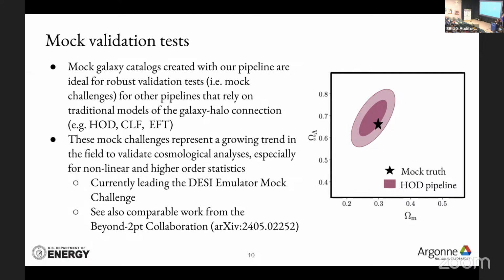And I think these mock challenges represent a really important growing trend in the field for validating the robustness of cosmological analyses as we push toward higher order statistics or nonlinear regime clustering. I am currently leading the DESI emulator mock challenge, but I also want to highlight the Beyond 2-point challenge, which was mentioned yesterday. It's just another example of a really great mock challenge that's currently happening in the field.